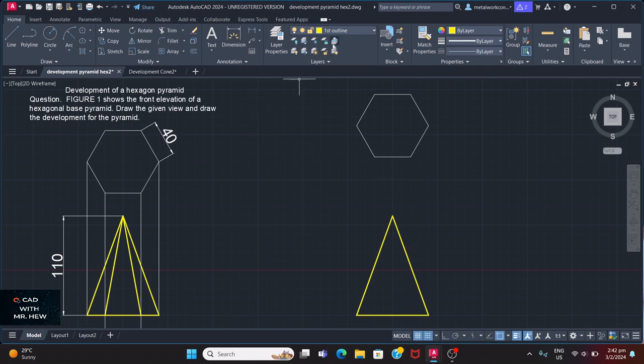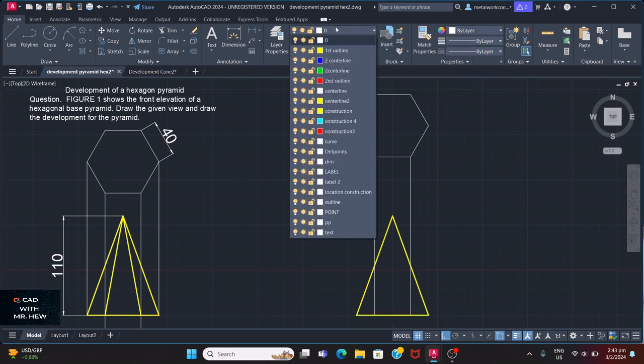pyramid. All right, we're going to go back to our construction layer. I'm going to draw a construction line. All right, what we're going to do now, what we did a while ago, we got the corners, the other two edge corners on the base of the pyramid.